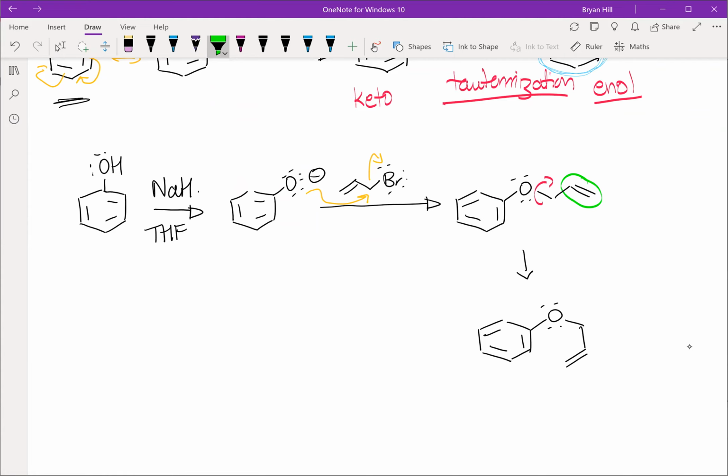Here I've just drawn it with one substituent, but you could have other ones in other positions. So for example, if we had, let's just put another methyl group here for the sake of argument. Then when we do this reaction, heat it up, these electrons go there, those electrons go there, these electrons go there.